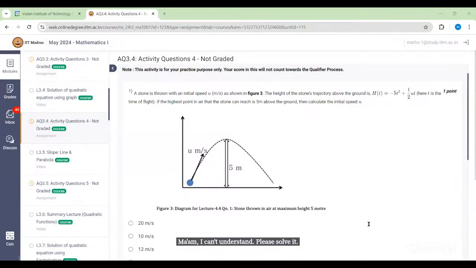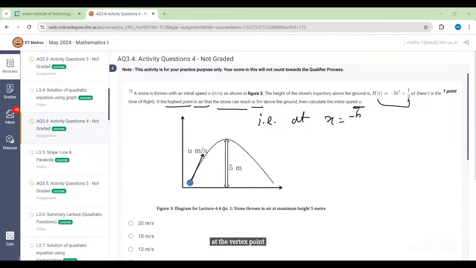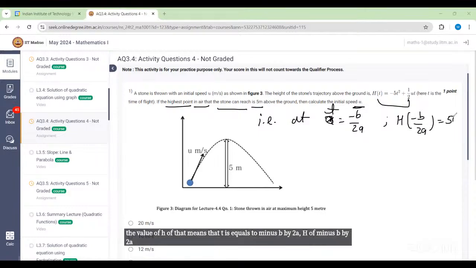I'll share my screen. So here h of t is given to you. You have to find out the value of u, right? And it is given that the highest point in the air that the stone can reach is 5 meters. So that means at the vertex point, that means at t is equal to minus b by 2a, the value of h at minus b by 2a is given to you as 5 meters, right?